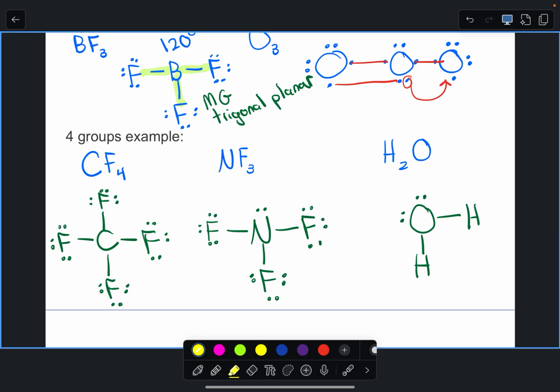For CF4, it's just those 4 fluorines, so they're all bonds. For NF3, there's 3 bonds surrounding that nitrogen and 1 lone pair. And then for water, surrounding the oxygen, 2 lone pairs and 2 bonds.